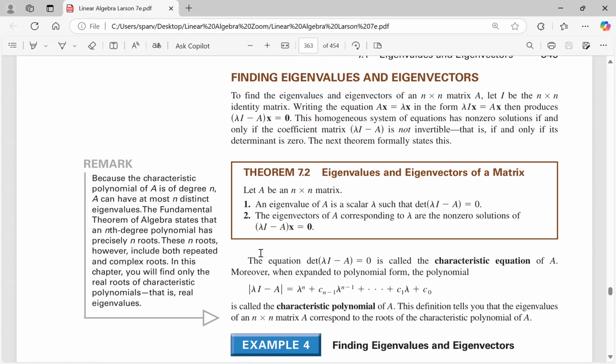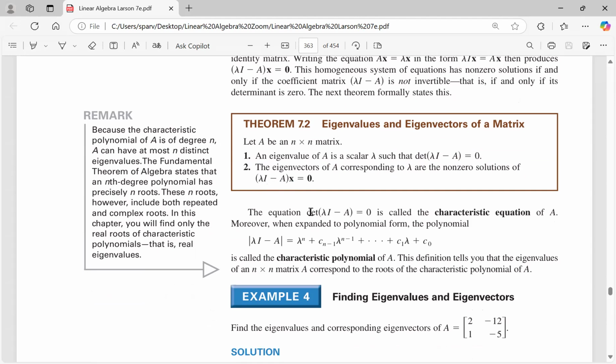Now, this equation, determinant of lambda I minus A equals 0, they call that the characteristic equation of A. Okay. Again, this may not make sense to you right now. It's like, what the heck is this? But once we put numbers to these, you'll see what happens as a result of this determinant.